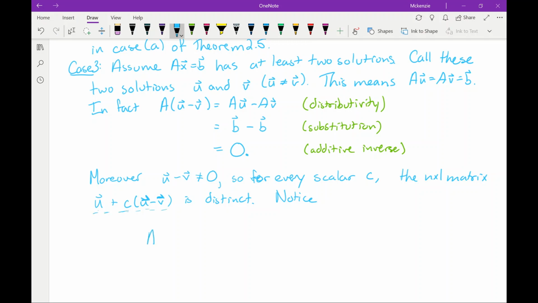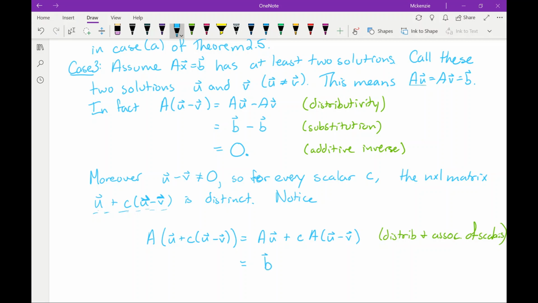So we notice that A times (u plus c times (u minus v)), this infinite family of vectors I wrote down, we can use distributivity again, equals Au plus cA(u minus v), by distributivity and the associativity of scalars. So Au we know is b.